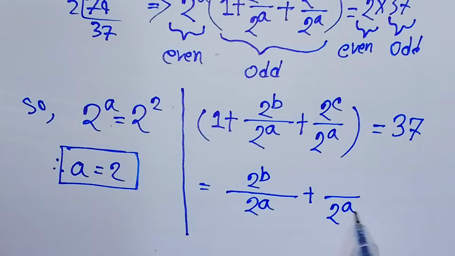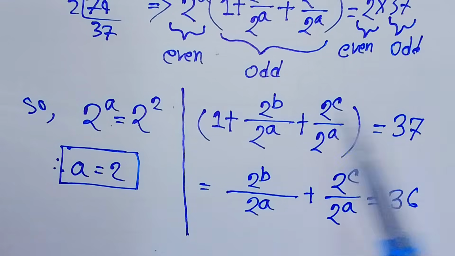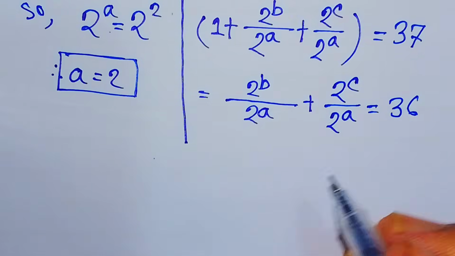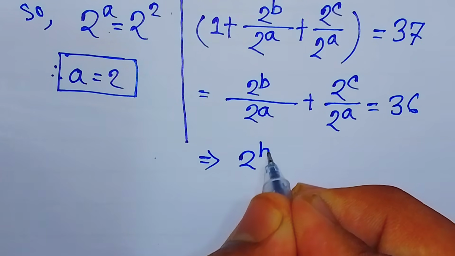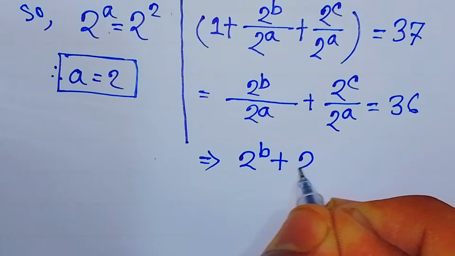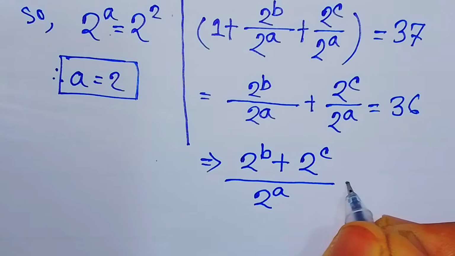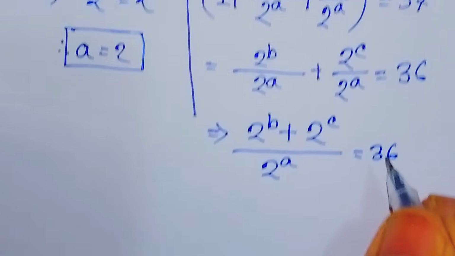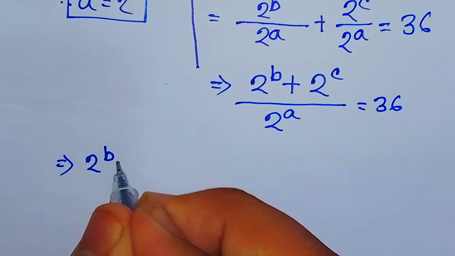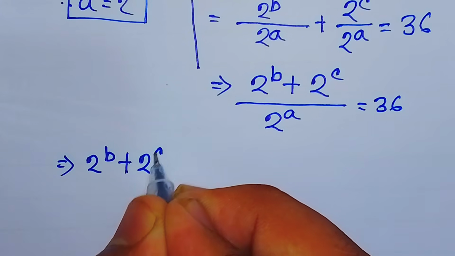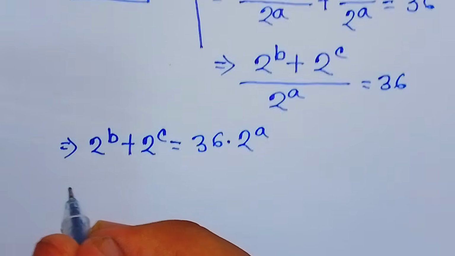So now we can write 2 to the power b divided by 2 to the power a plus 2 to the power c divided by 2 to the power a is equal to 37 minus 1 equals 36. After that, we can write 2 to the power b plus 2 to the power c divided by 2 to the power a is equal to 36. So now 2 to the power b plus 2 to the power c is equal to 36 times 2 to the power a. All right.